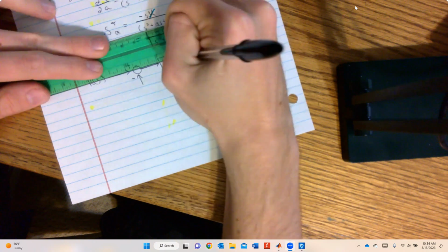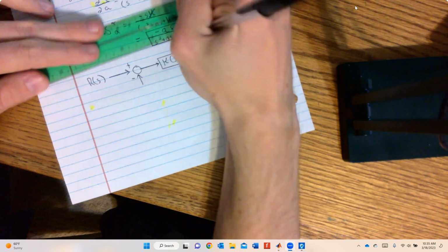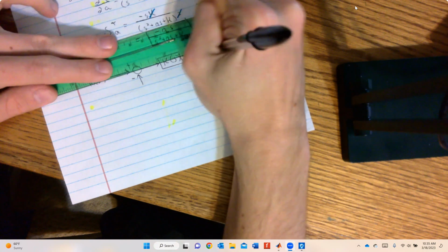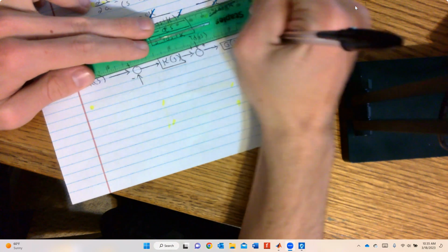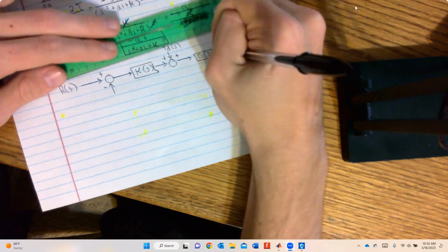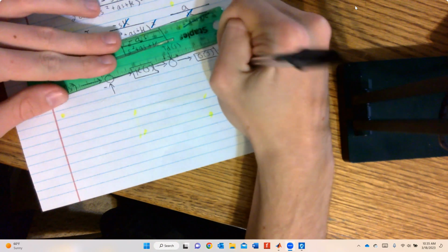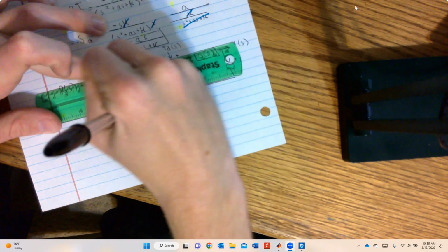Then we have a disturbance introduced, and then we have our system. Then we have our output. Then we have a noise block, and then it's fed back to our input.